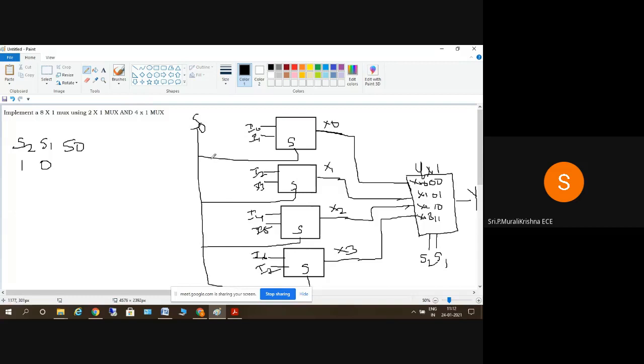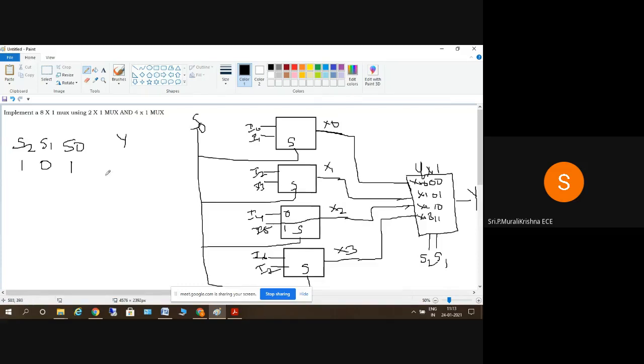So if the selection line S0 is equal to 1, what happens here? If it is 0, I4 is selected. If it is 1, I5 is selected. So x2 will be equal to I5, this I5 is directed to x2.